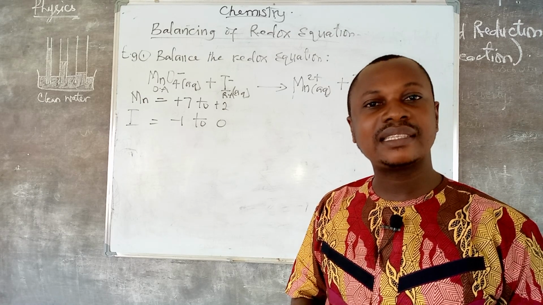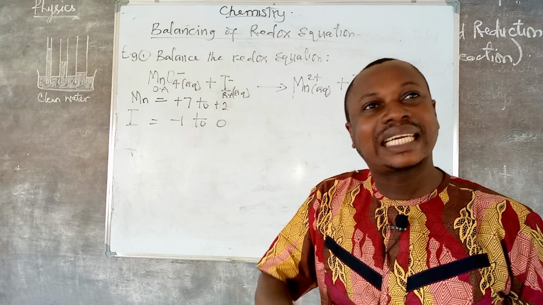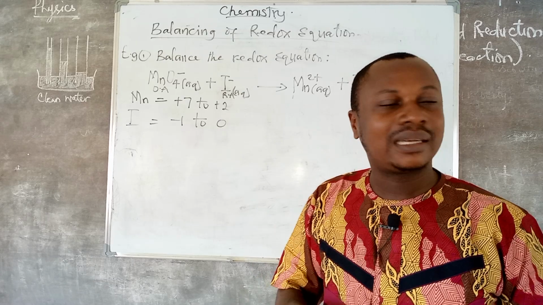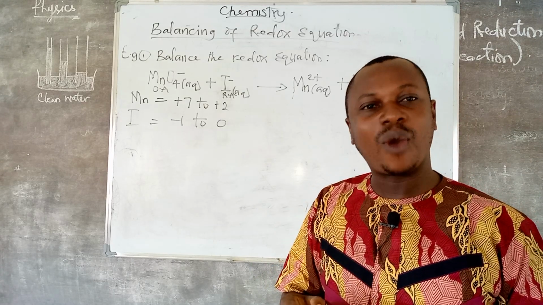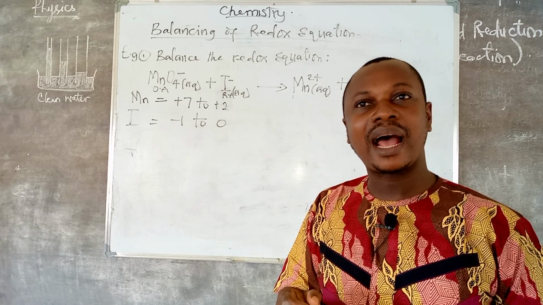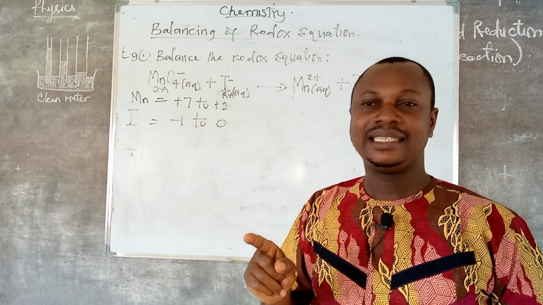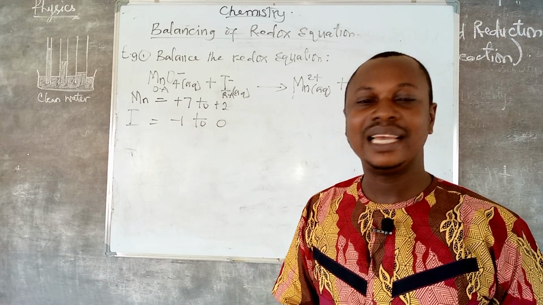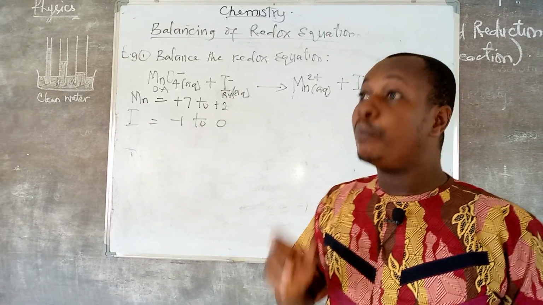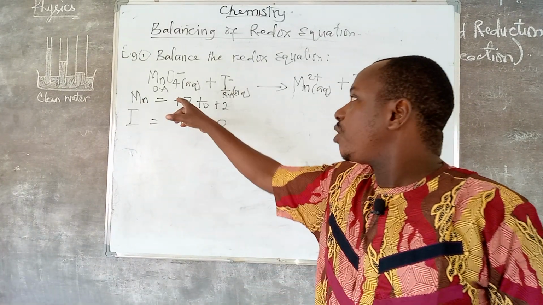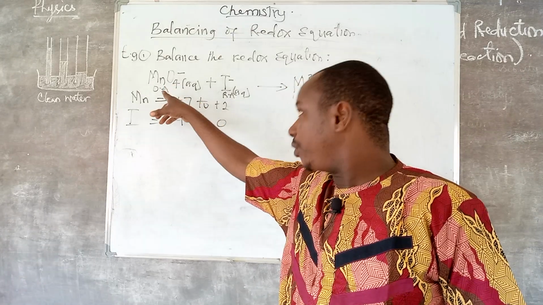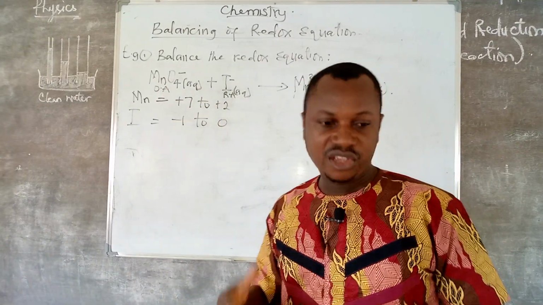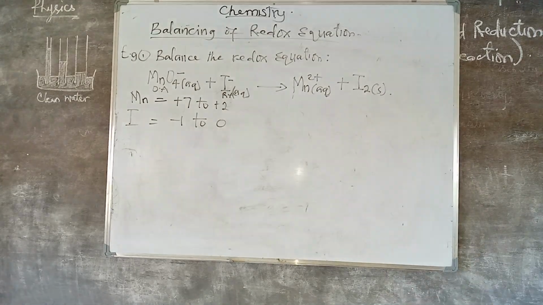The one that has its oxidation number decreasing is the one that is accepting electrons, while the one that has its oxidation number increasing is losing electrons. Don't forget that fact. But I will show you how the oxidation number of manganese in this ion is +7 before you get it confused.